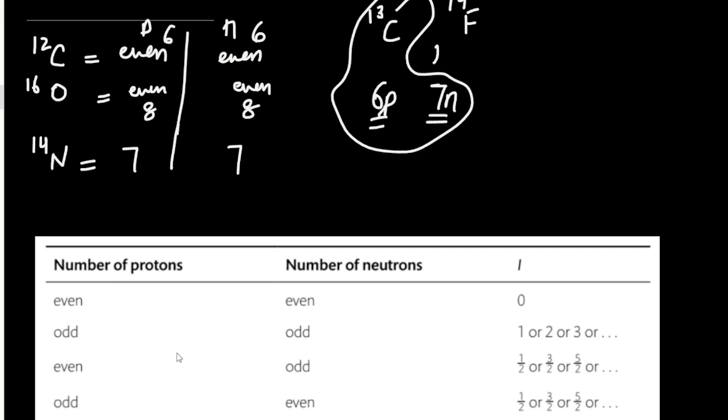So an even number of protons and an odd number of neutrons will lead to a spin of 1/2, 3/2, 5/2. As this is a very famous nucleus, we know that its spin is 1/2. Fluorine 19 is the same case. Its spin is also 1/2.